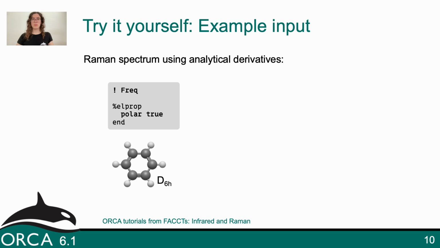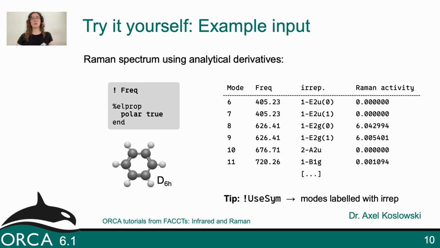The input is very simple and it follows what was there previously for the numerical derivative. So if you ask for a Hessian or for the frequency calculation at the same time as the polarizability, the program will do the Raman spectrum automatically, and then in your output you will find enough data to assemble a table like this with frequencies and Raman activities.